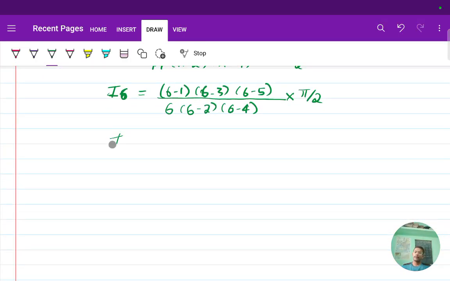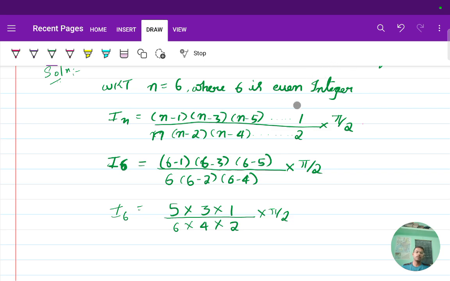Now let us simplify this. 6 minus 1 is 5, into 6 minus 3 is 3, into 6 minus 5 is 1, whole divided by 6 into 6 minus 2 is 4, 6 minus 4 is 2, into pi by 2.